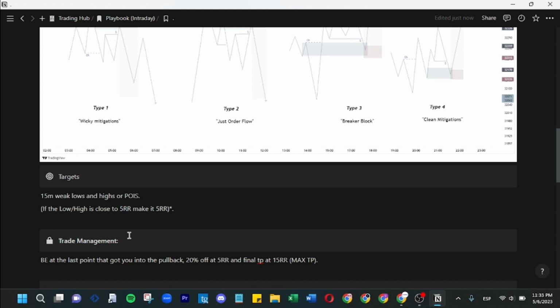For some people moving to break even can work, for some people it cannot, because the market can get back to their point and ultimately just hit take profit, right? You can get stopped out multiple times. So it's really about this whole trading plan. It's about your data and how you collect it, right?